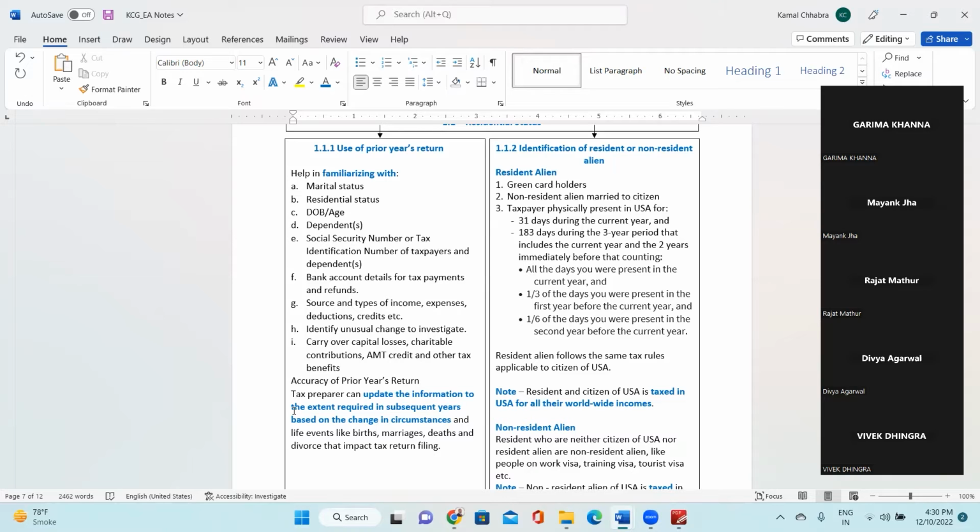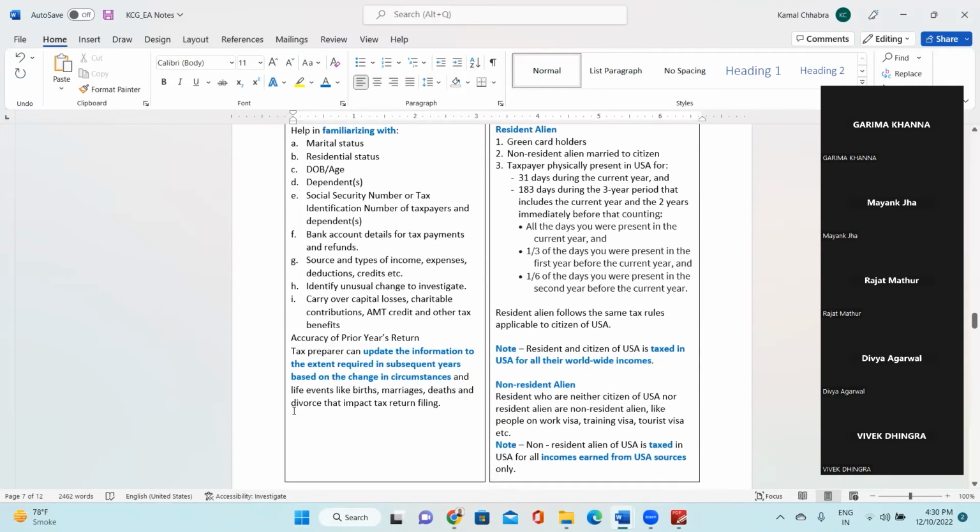This helps in ensuring the accuracy of the prior year return, and the tax preparer can update information to the extent required in the subsequent year based on changes in circumstances and life events such as birth, marriage, death, or divorce that impact the tax filing status. In the software, you have already filled in all this information when filing the previous year return, and it can be carried over to the next year just by clicking a button.